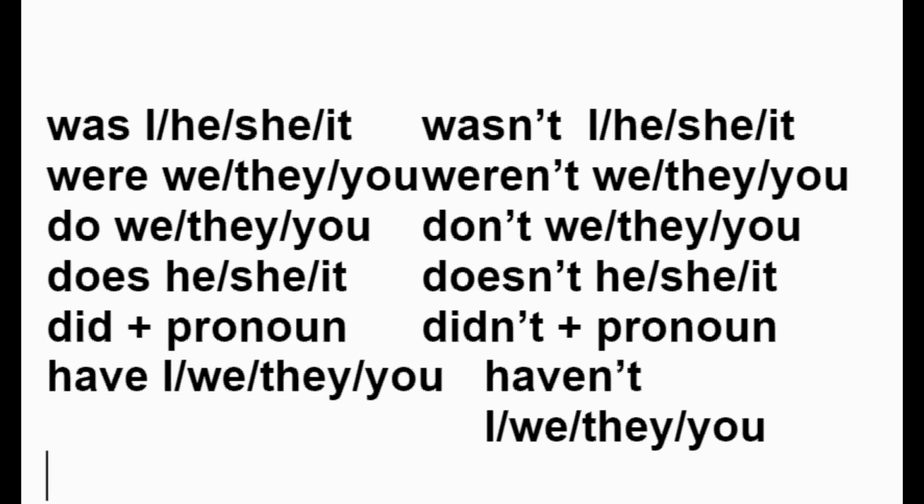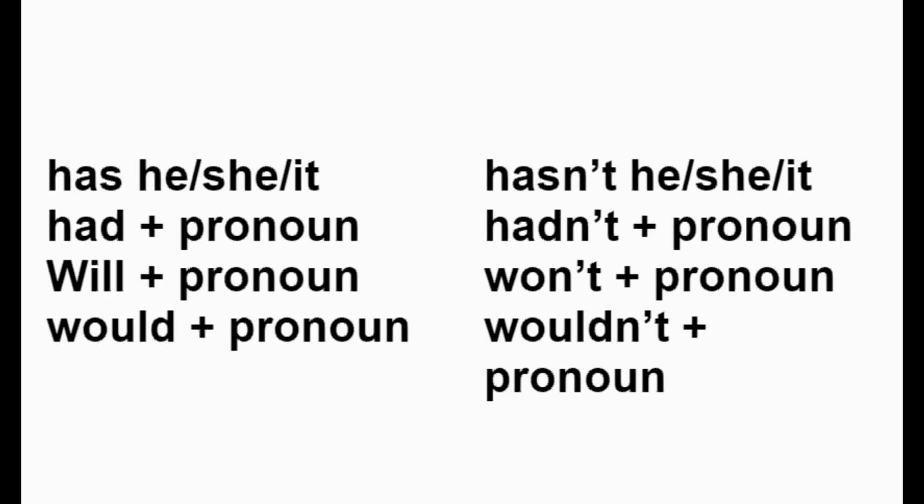Have I, have we, have they, have you, haven't I, haven't we, haven't they, haven't you. Has he, has she, has it, hasn't he, hasn't she, hasn't it. Had plus pronoun, hadn't plus pronoun.